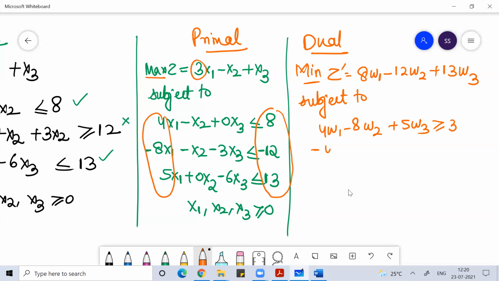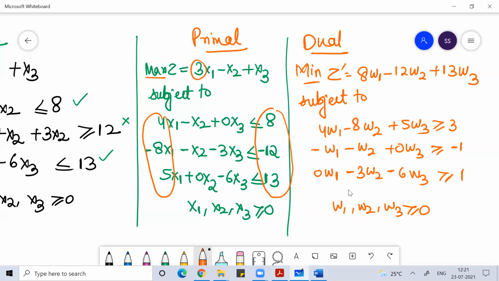Then you can write minus w1 minus w2 plus 0w3 is greater than or equal to minus 1. And then you can write 0w1 minus 3w2 minus 6w3 is greater than or equal to the coefficient of the primal one, where w1, w2, w3 should be greater than or equal to 0.